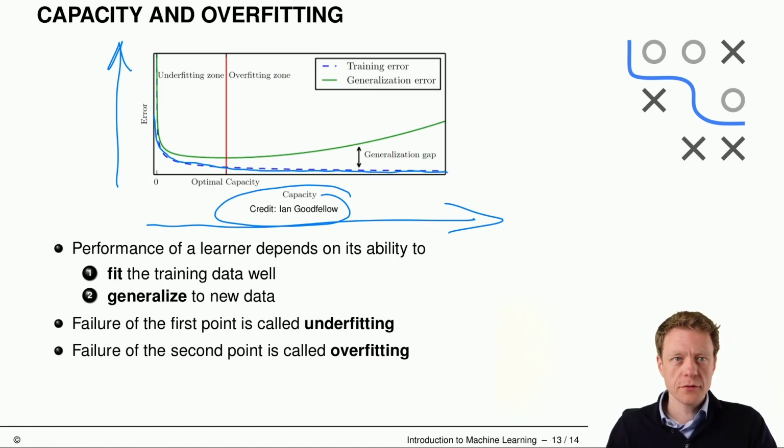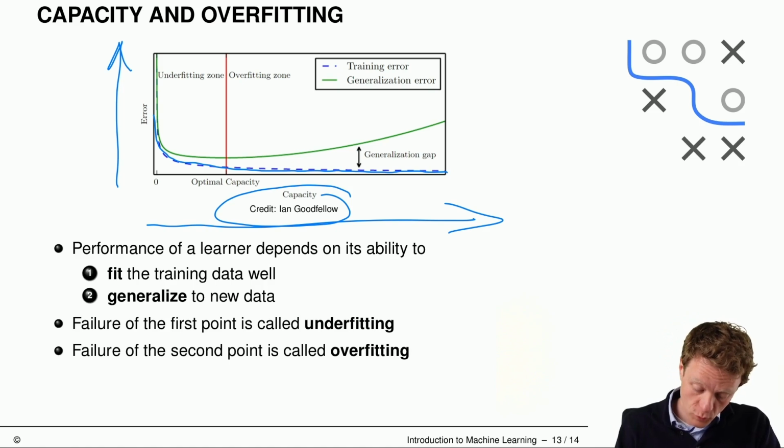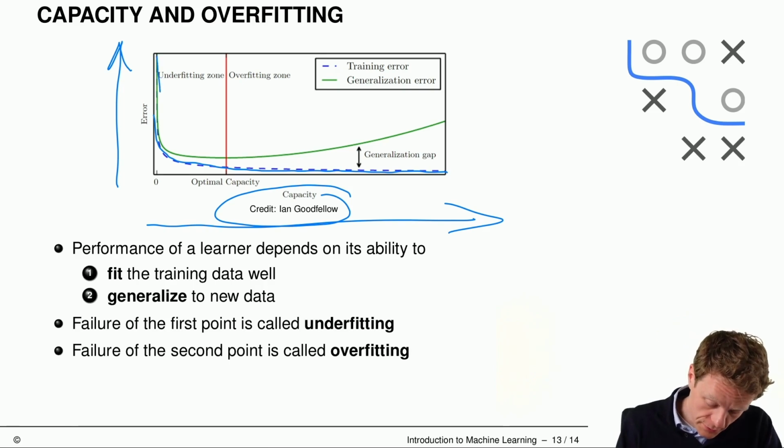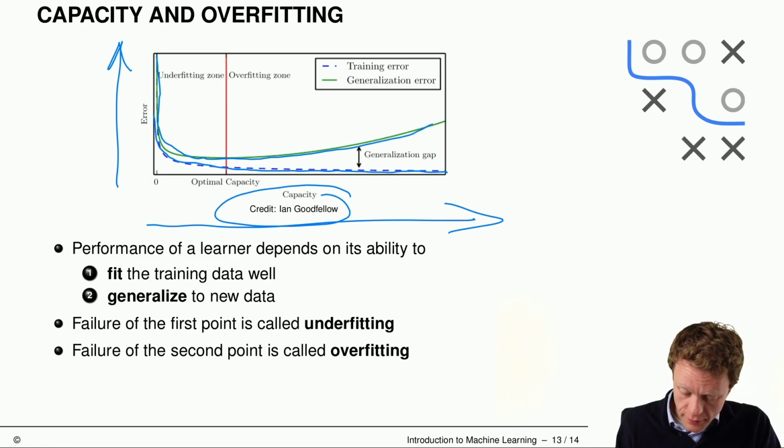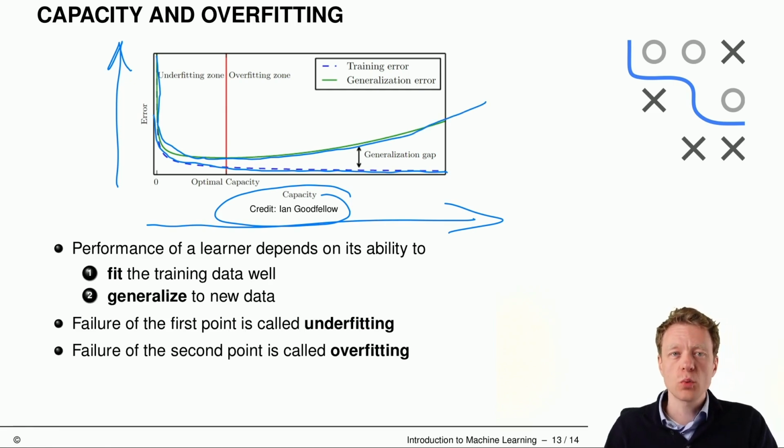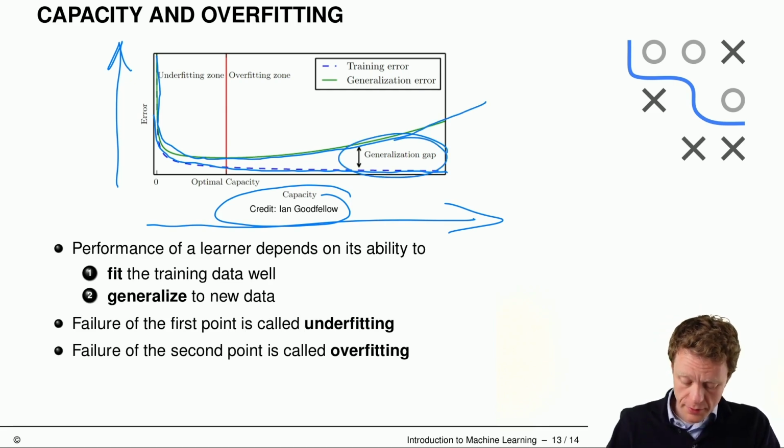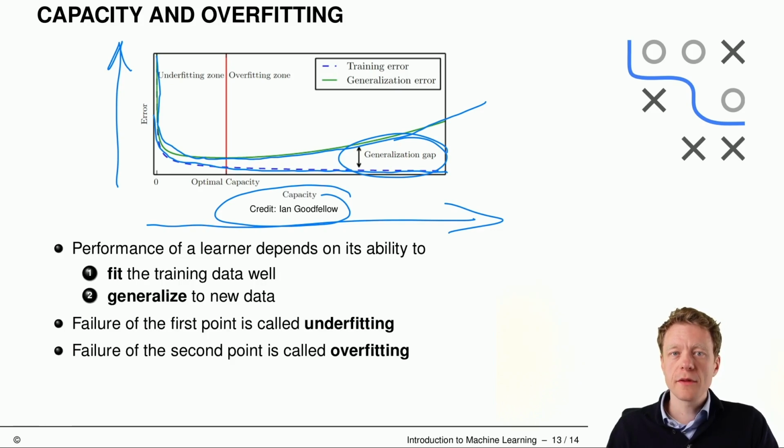So we can fit the training data very well with high capacity models, which is good, but if we look at the generalization error, so the solid line here, we see that at some point it starts to increase again. So we have this generalization gap, which basically comes from this variance part, right? So we can push the bias to a very small value, but then the variance starts to grow.